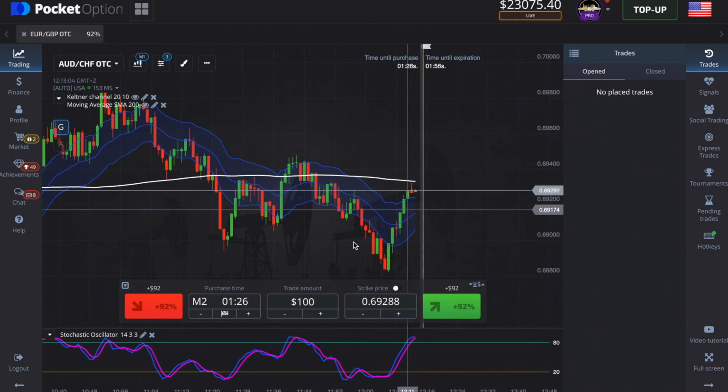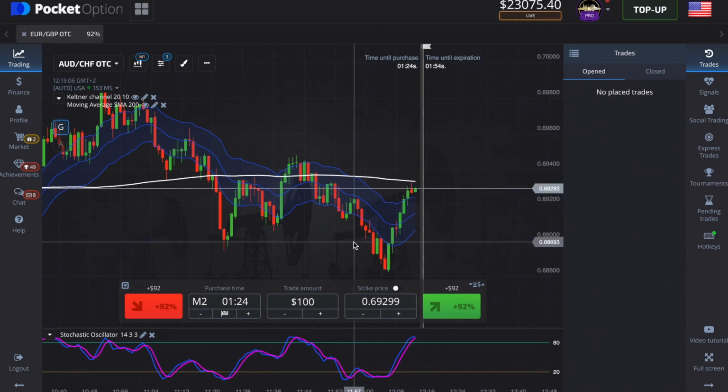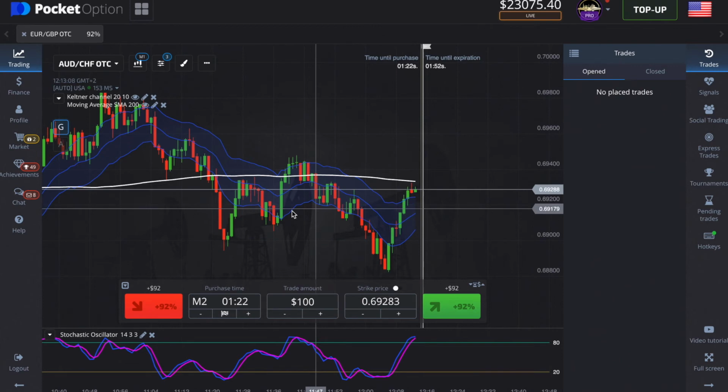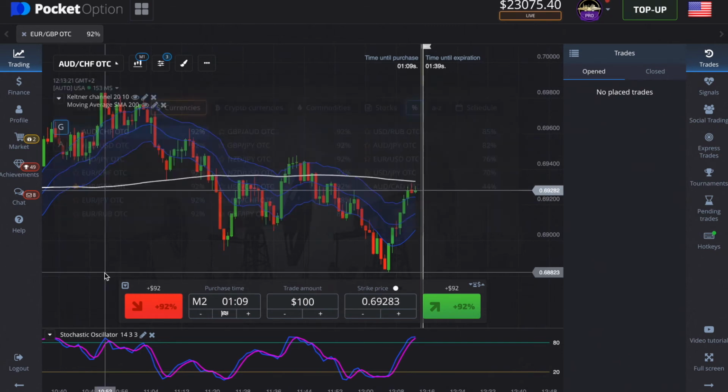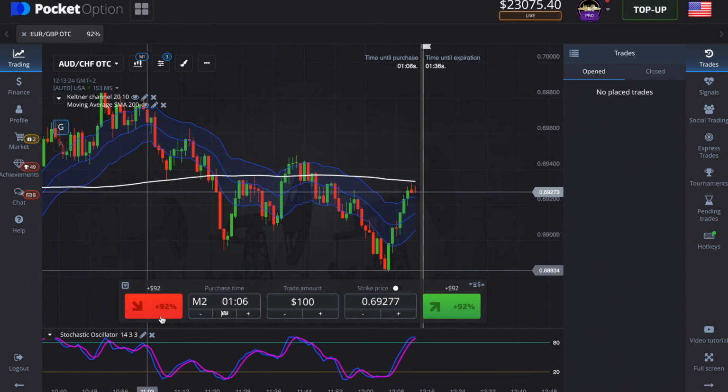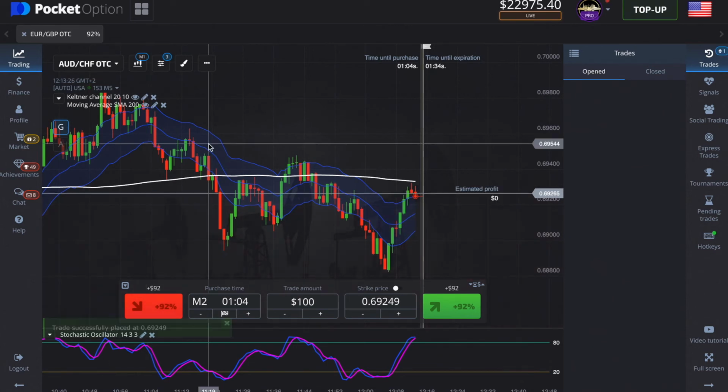But oh no, that one's a little bit too close. I might look for another position. Now this one could actually end up going in my favor, but because it's so close to the white line, I'm not going to enter. Let me see. It's starting to curve though. You know what? I think this is going to be a really good position right here. I'll just take it right now.